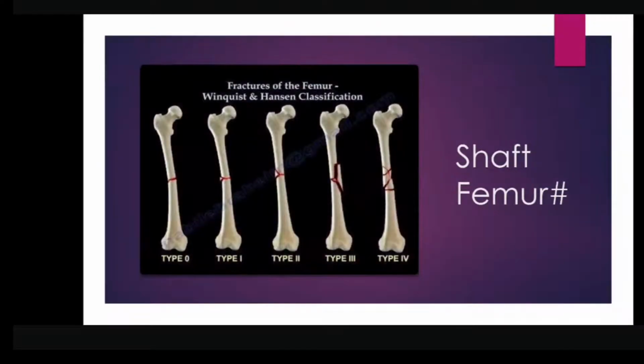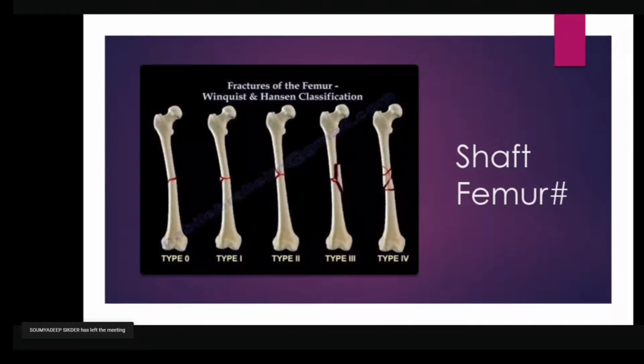Again, shaft femur fracture. All the fractures I have spoken about so far, there is no significant hemodynamic instability. But in a shaft femur fracture, one can lose up to 1.5 liters of blood in a single fracture.